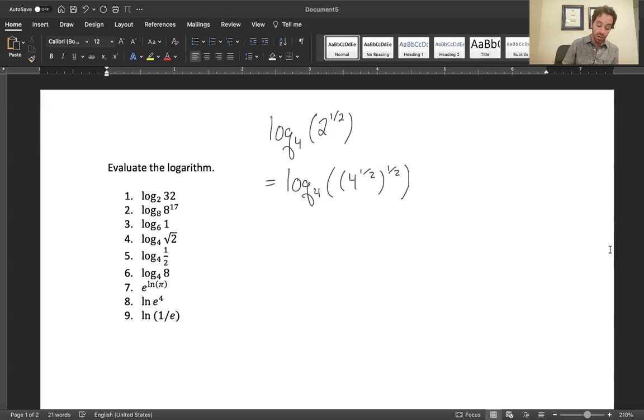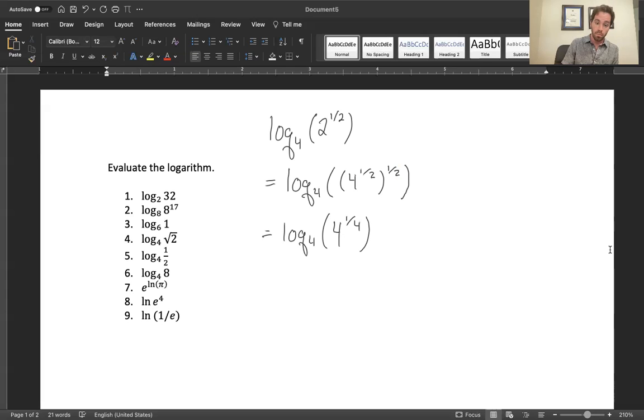But now I can use laws of exponents to expand the inside and say this is log base 4 of 4 to the this times this. This is just normal old laws of exponents, not even laws of logarithms. 1/2 times 1/2.